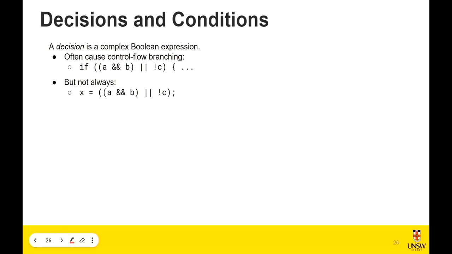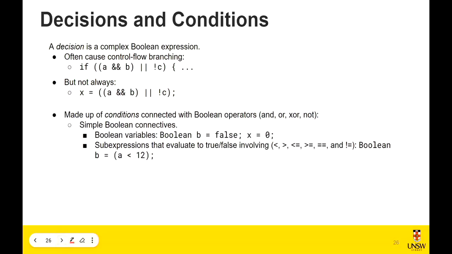However, it is not always used in control flow branching. For example, we may assign some Boolean expressions to some variables. So decisions could appear either related to control flow branching or not. And decisions are made up of conditions which are connected by Boolean operators like AND or XOR or NOT.